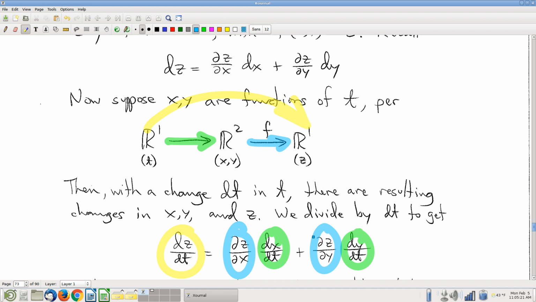That's a nice little outcome. Everybody on board with that? All I did is divide by dt.